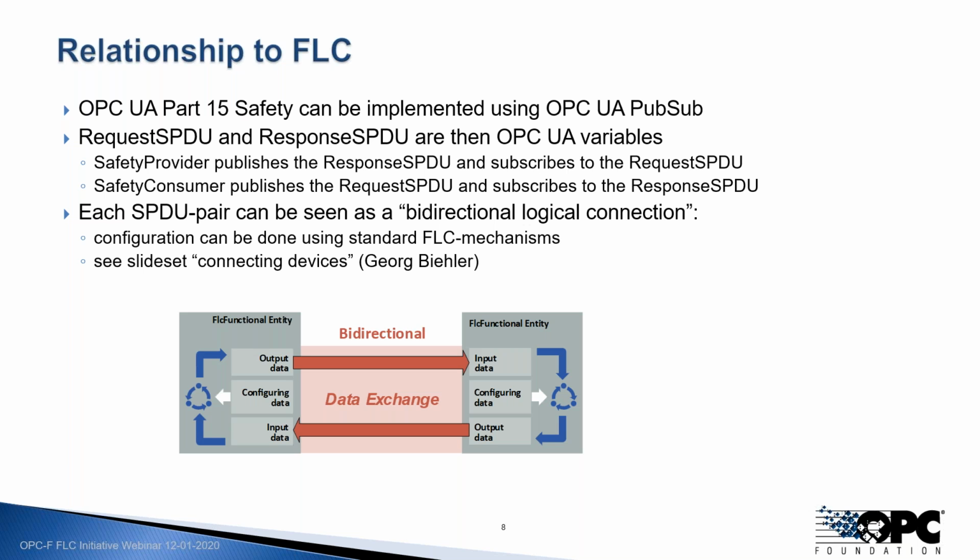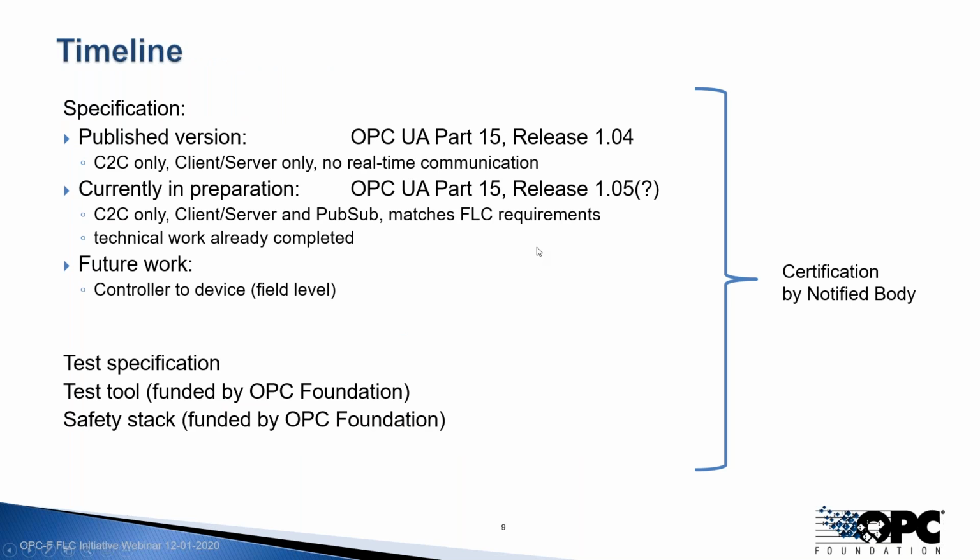You must not do anything which may be dangerous. But the principal mechanisms, how to exchange data, how to configure the connections, how to set up and tear down connections, and how to do offline engineering are identical whether we talk about safety connections or standard connections. That's the principal idea, to not have too many special cases.